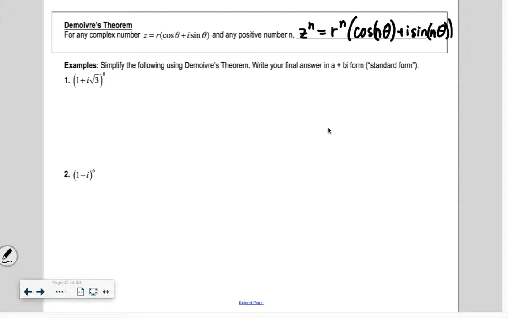So if I have 1 plus i root 3, first of all, let's think about where that is located, and maybe we can save ourselves some time. It's going over 1 and up the square root of 3. Square root of 3 is around 1.7. Do you know if that's a value that we know? Yeah, so we could do tangent of theta equals the y value over the x value.